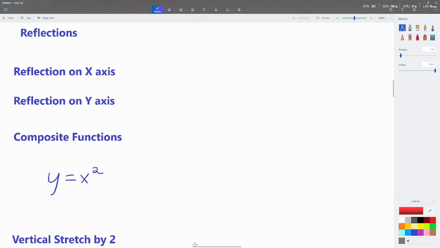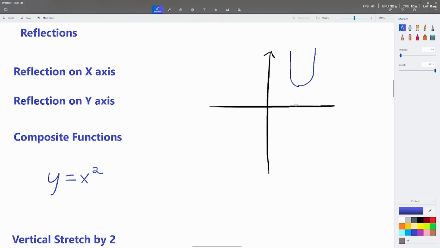So let's look at reflections as well. There are two types of reflections. I think it is very logical to understand this. If you have your graph, and let's draw a function, let's say our function looks something like this.